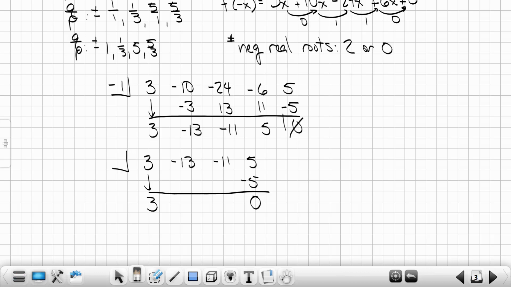I see what you meant, Victoria. Negative 5. A lot of things multiply to negative 5.